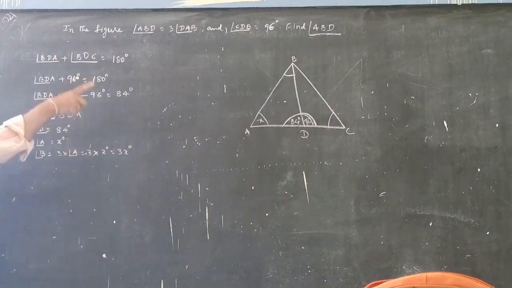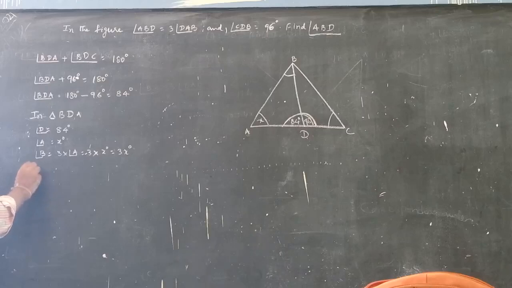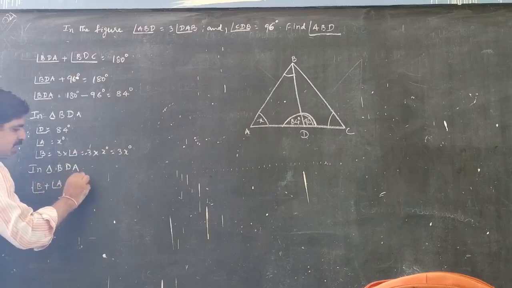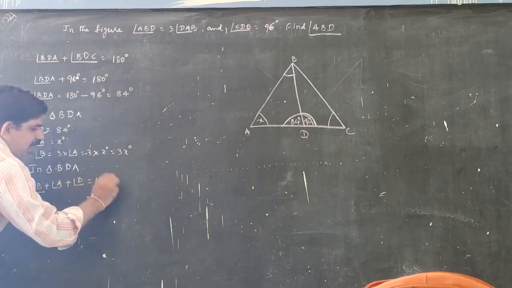The sum of three angles in a triangle is 180 degrees. So in triangle BDA, angle B plus angle A plus angle D is equal to 180 degrees.